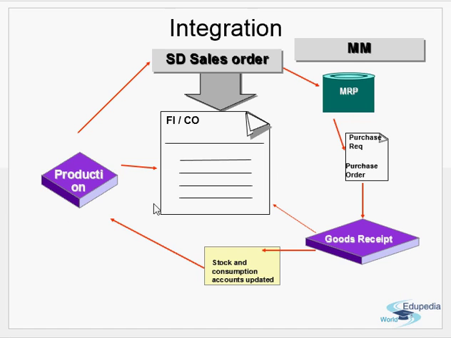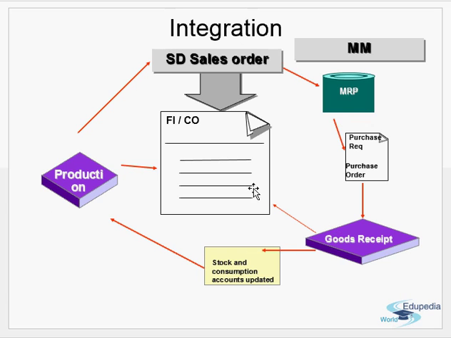So all the different business processes, like production, sales order, material resource planning, purchase requisition, purchase order, goods receipt, stock and consumption, and accounts are updated. In the middle is finance. For production to happen, you need to run through this entire cycle.